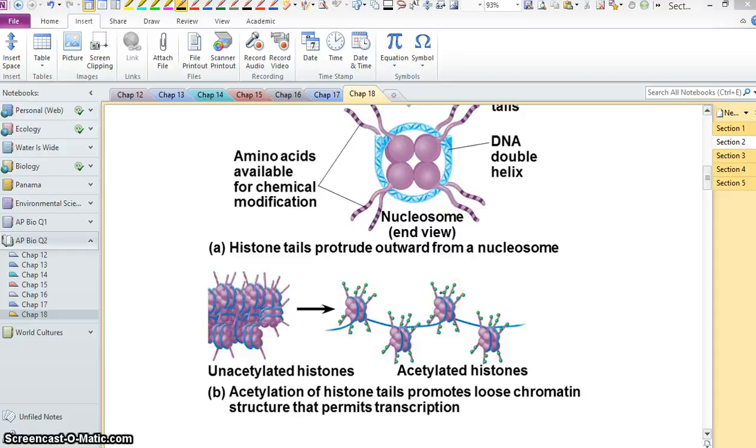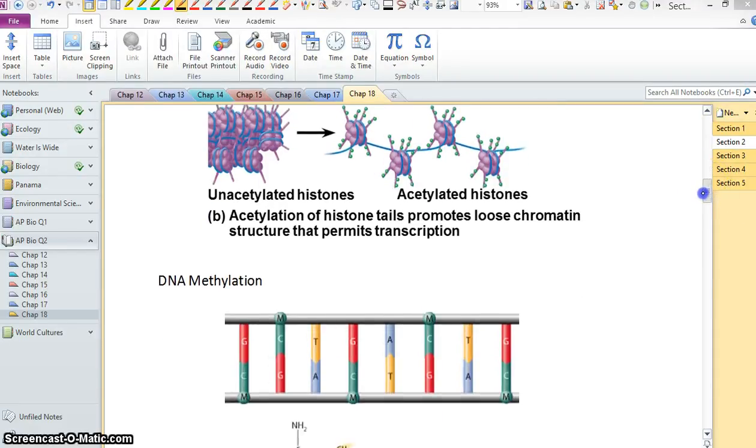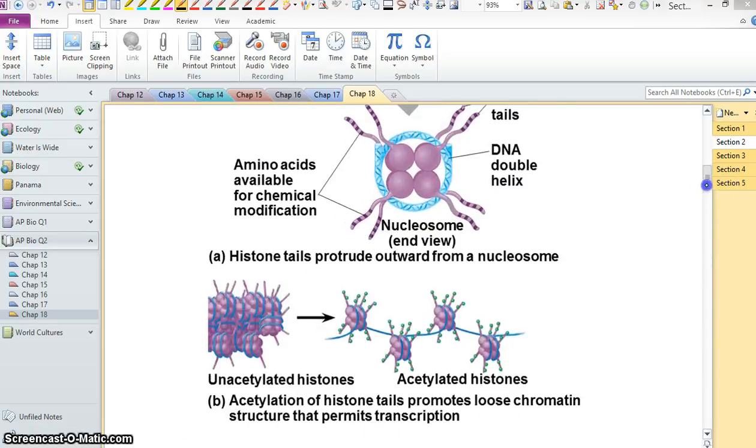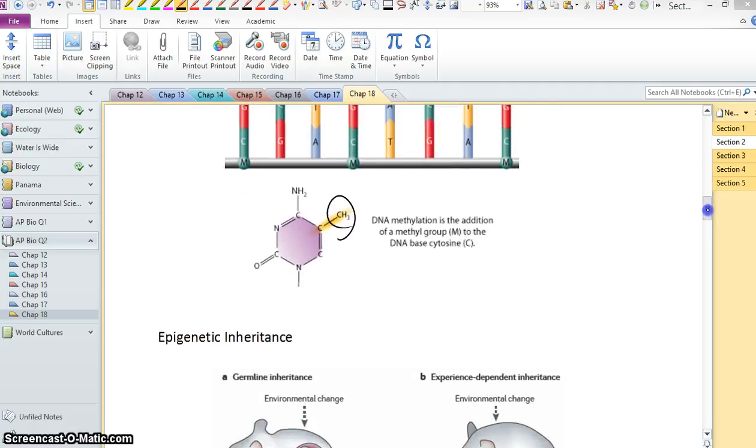So the DNA is spread out and it's available for transcription. On the other hand, you can do what's called DNA methylation. You add methyl groups to the cytosines of DNA, and that binds the DNA up and doesn't allow it to be transcribed. So you can basically make it available or turn off the DNA.